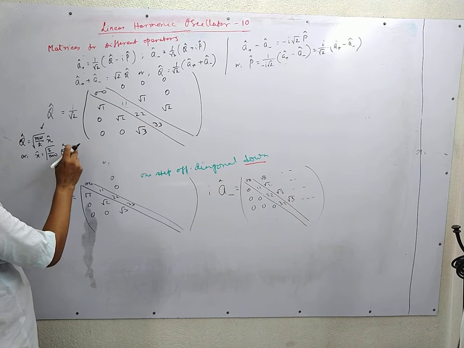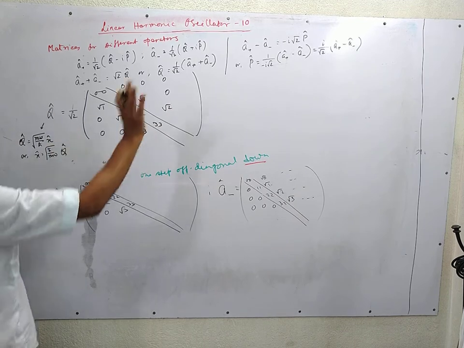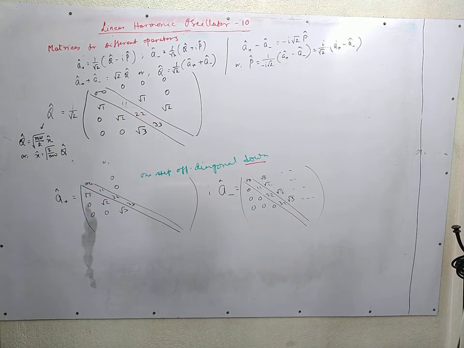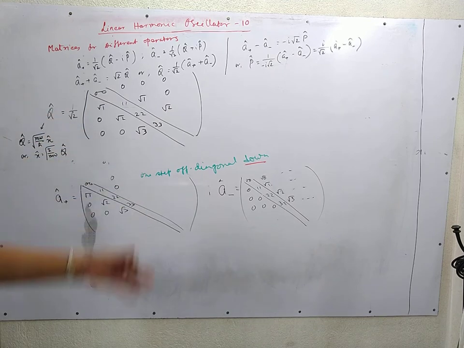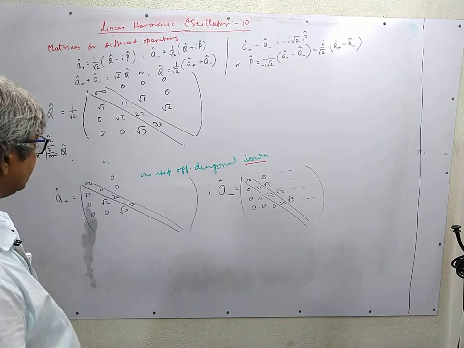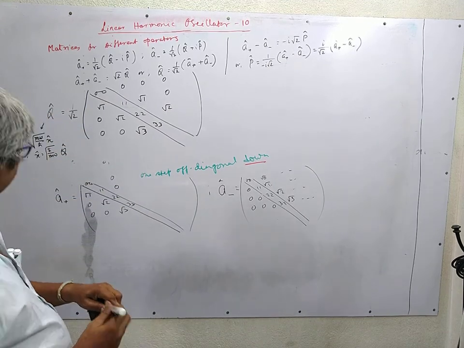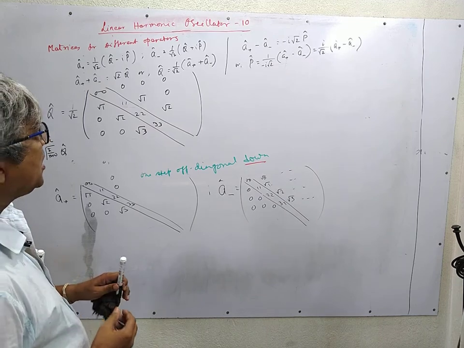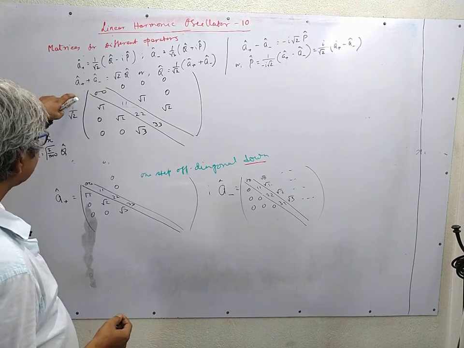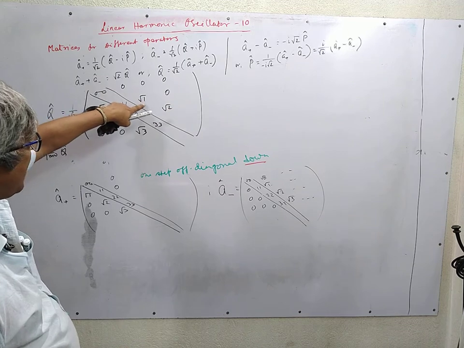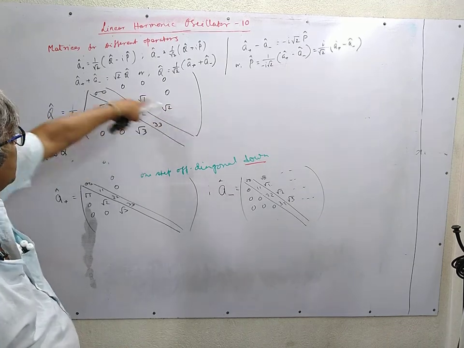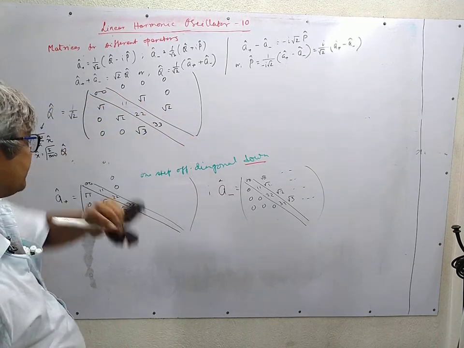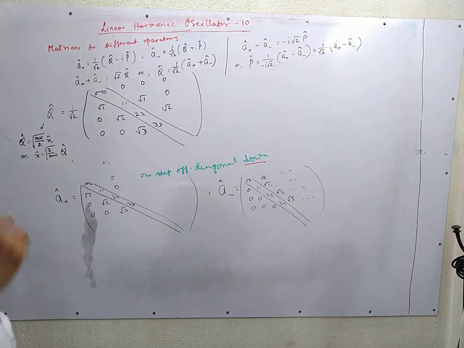So if you multiply it by this factor, we will get the matrix elements for X. It is also an infinite dimensional matrix. For the P operator, there will be an I factor, and these upper off-diagonal elements will be followed by a negative sign.